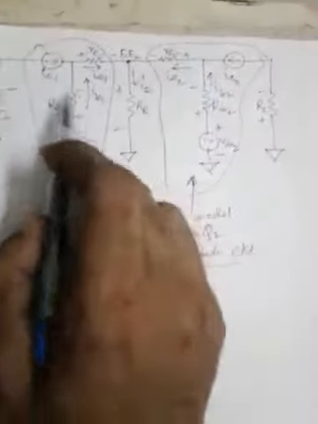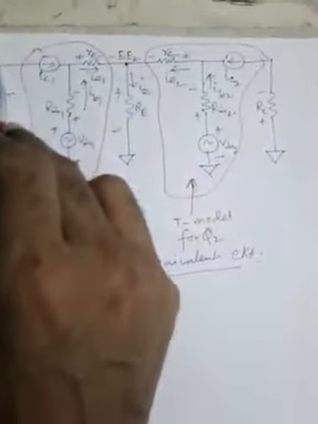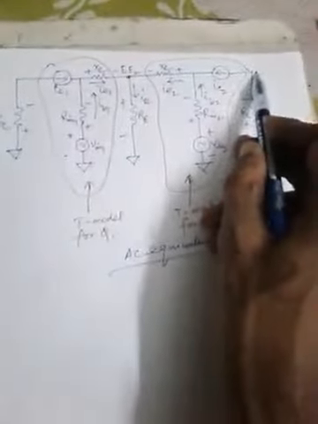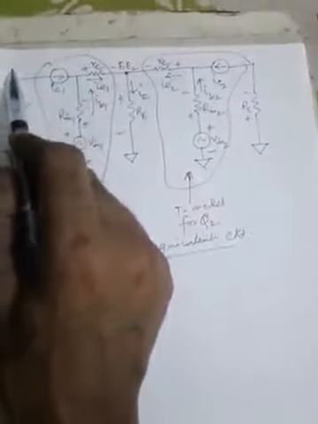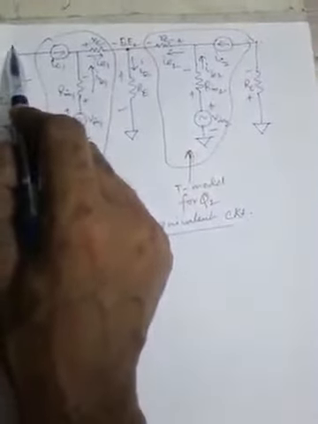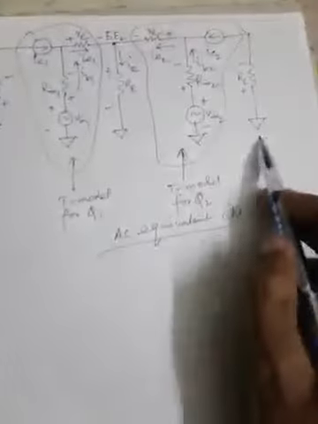And the output voltage in the previous case was measured between the two collector terminals, that is between this point and this point in the last configuration. So this was the measurement of the output voltage for the last configuration because it was a balanced output. But in this case the output is measured between the collector, which is this node, and the ground.